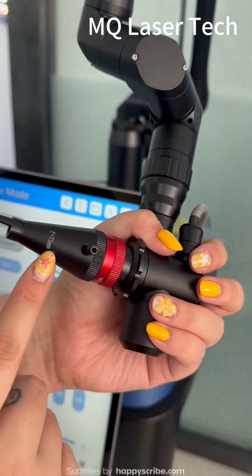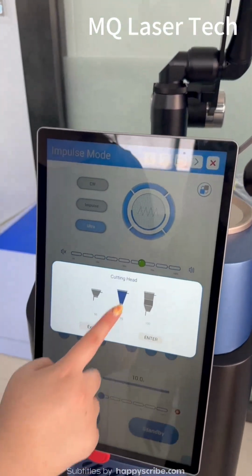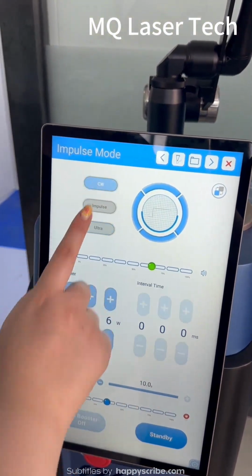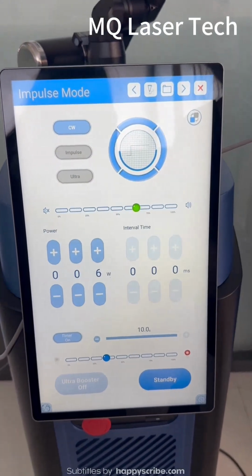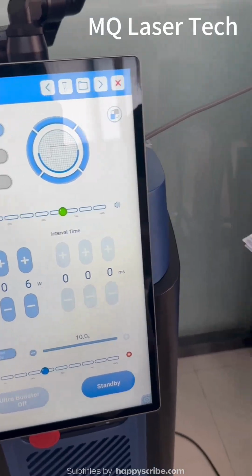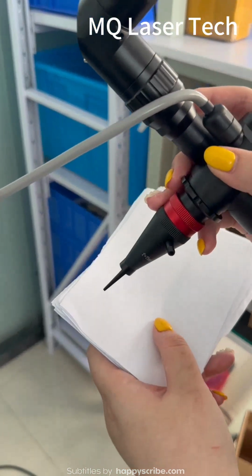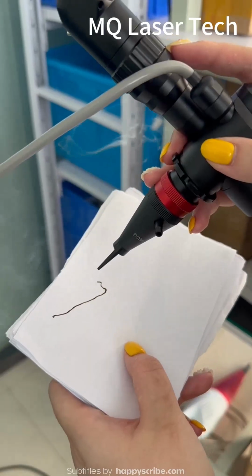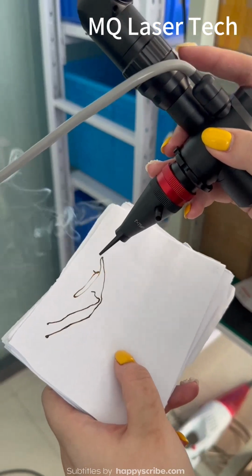Here you can see I choose the 75, and here you need to choose the right cutting head. And here you can see the first is continuous mode. When you step on the pedal, the dot is continuous.